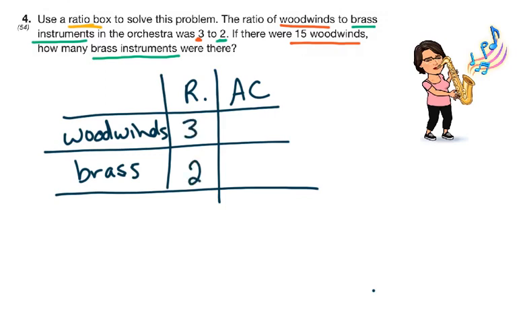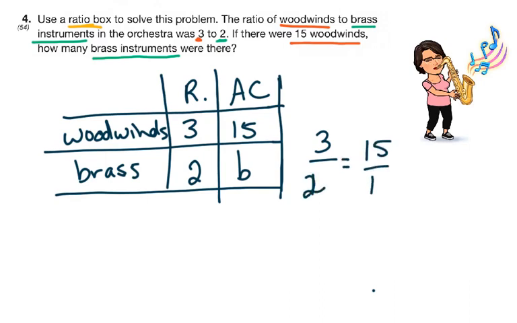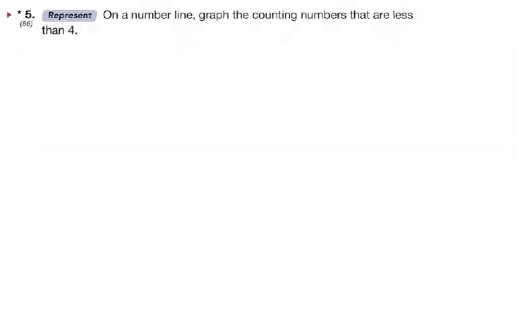And the actual count of woodwinds was 15. And we're trying to figure out the actual count for brass. So I'm going to do B for brass. So you're going to write your proportion and solve. And when you get your answer, you're going to write that down.